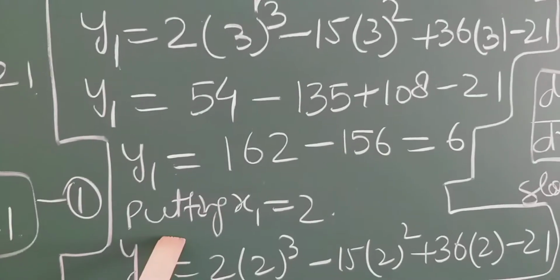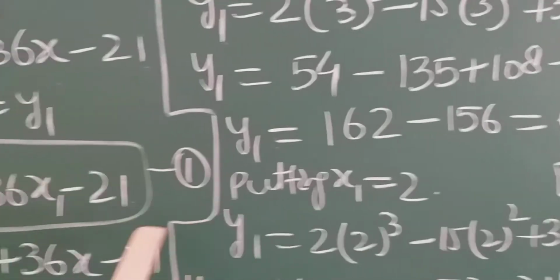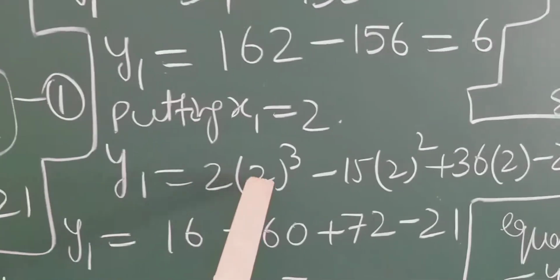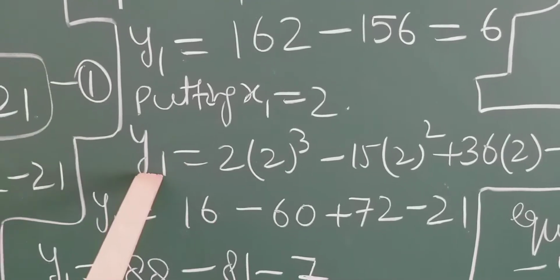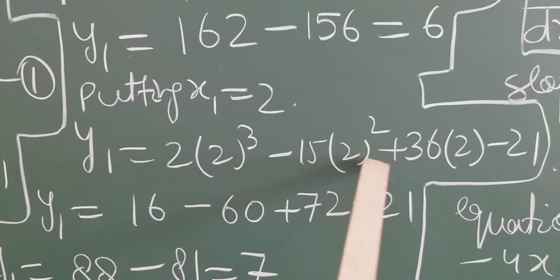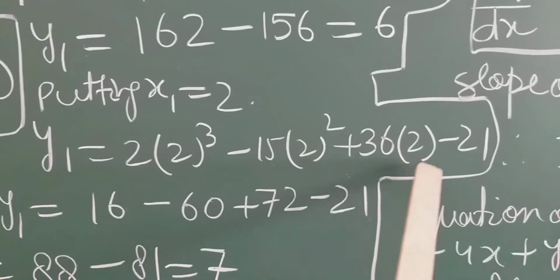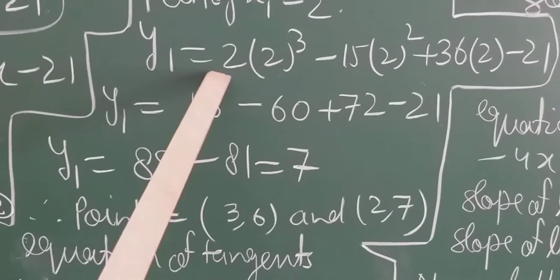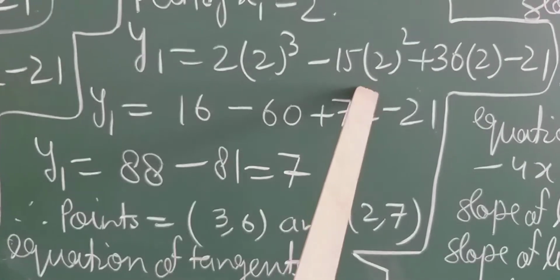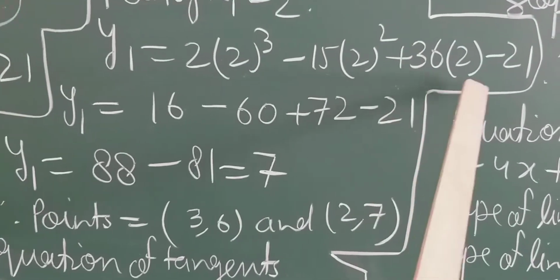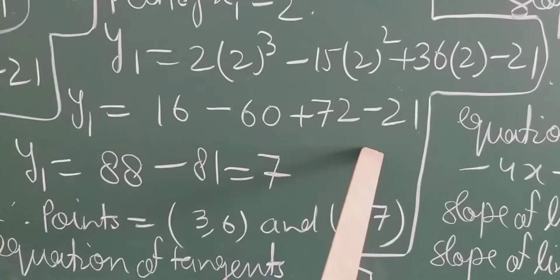Now students, let's put x1 equal to 2 in the first equation. At the place of x1 we write 2: y1 equals 2 into 2 cube minus 15 into 2 square plus 36 into 2 minus 21. So y1 equals 8 times 2 is 16, 4 times 15 is minus 60, 36 times 2 is 72, minus 21.